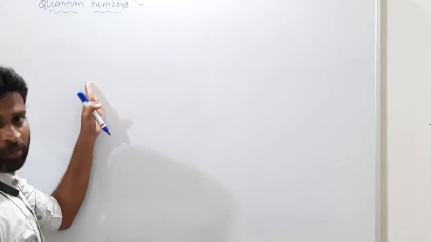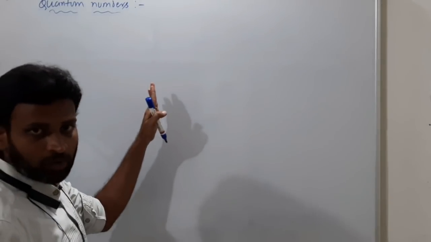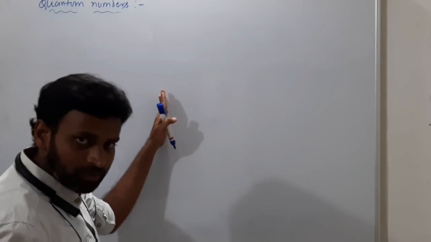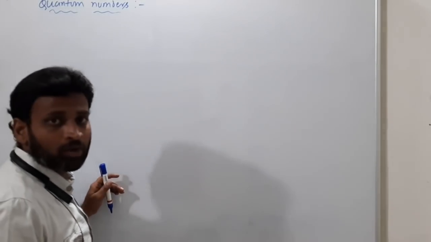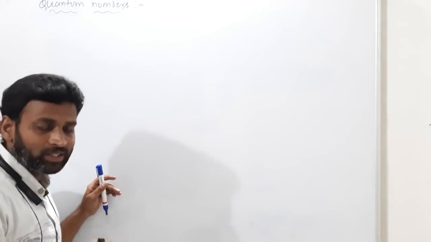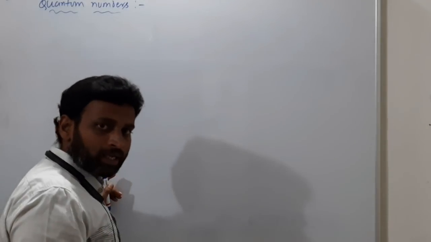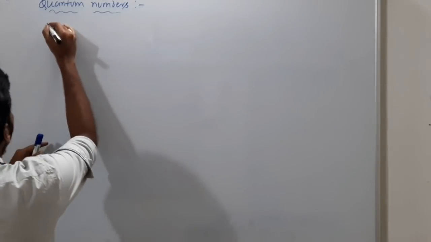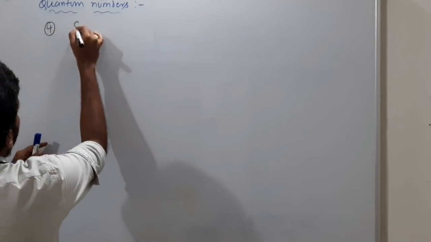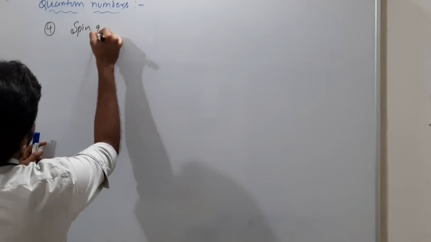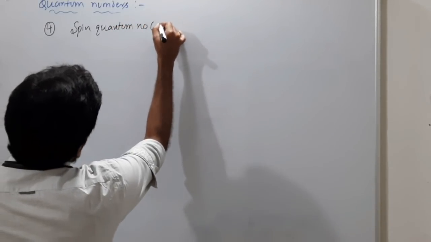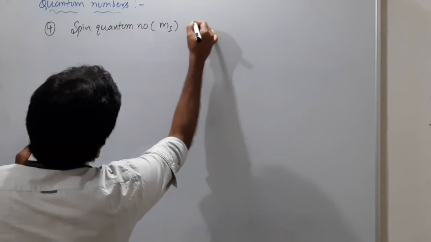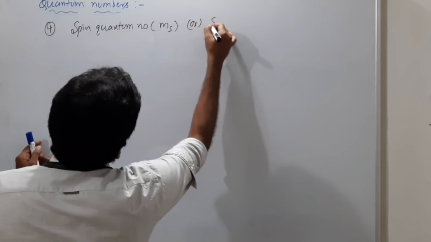The first explained the orbit, the second explained the suborbit or subshell, and the magnetic quantum number explained the degenerate orbital and its orientation. Orientation means direction. The last and final quantum number is the spin quantum number, ms or simply s.